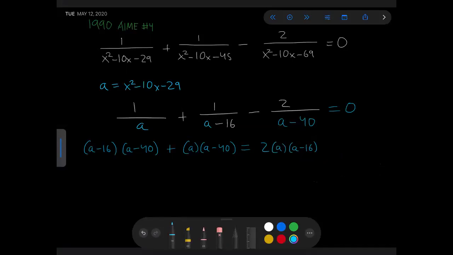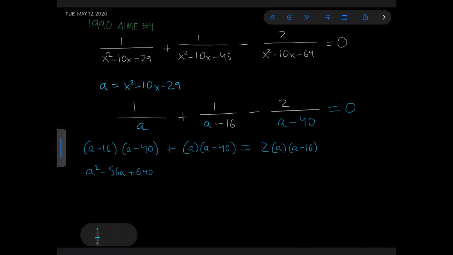Starting with the left term, a minus 16 times a minus 40 is going to equal a squared minus 56a plus 640. Moving on to our second term, plus a squared minus 40a. And this monstrosity over here is equal to 2a squared minus 32a.